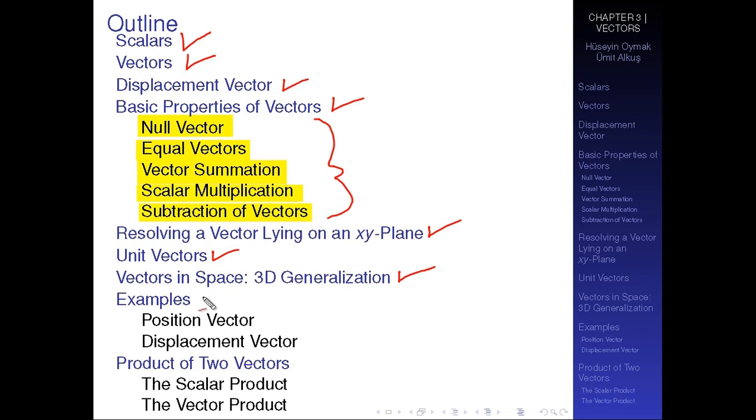Subsequently, two extremely important 3D vectors will be examined, one of which is the position vector and the other is the displacement vector. In the last analysis, we will learn the scalar product of two vectors as well as the vector product of two vectors.